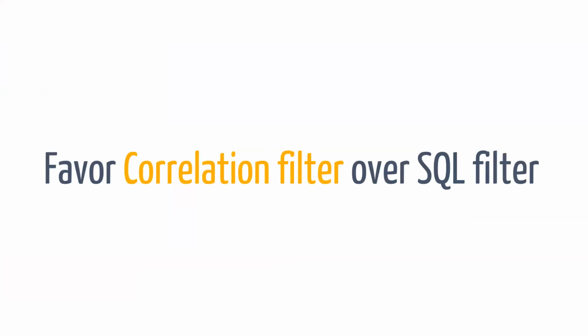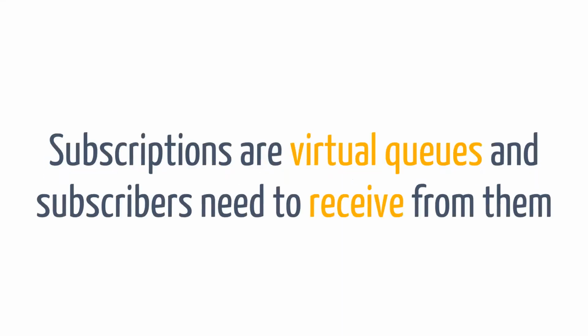An important one is, if you want to get the most performance out of it, then you should always favor correlation filters over SQL filters because they're faster. And remember, subscriptions are virtual queues, and subscribers need to receive from those virtual queues in order to get the messages.